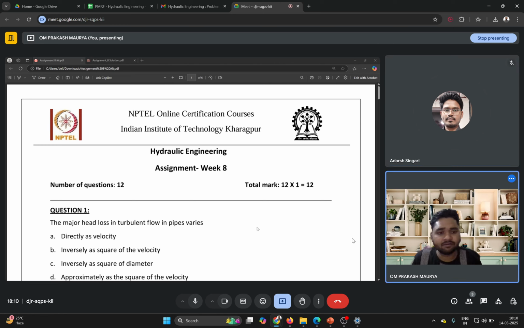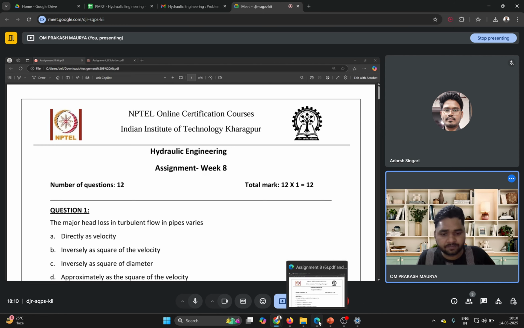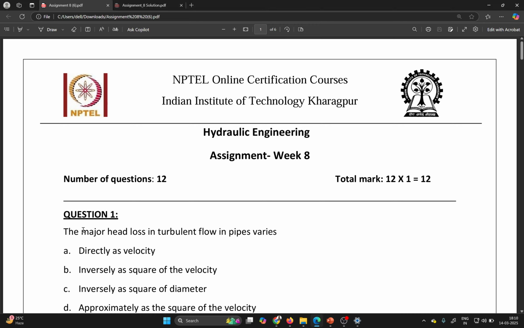Okay, let us start with the first question. Let me just read. The major head loss in turbulent flow in a pipe varies directly as velocity, inversely as the square of diameter, or approximately as the square of velocity.